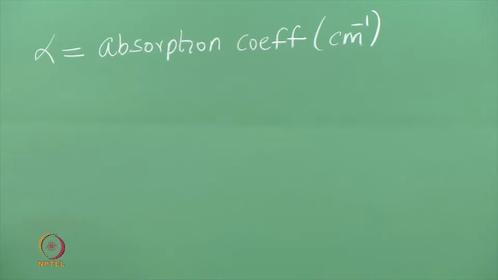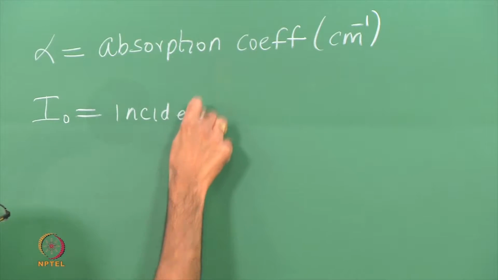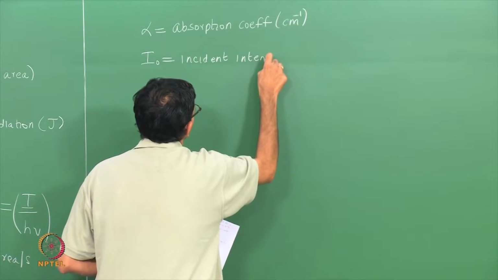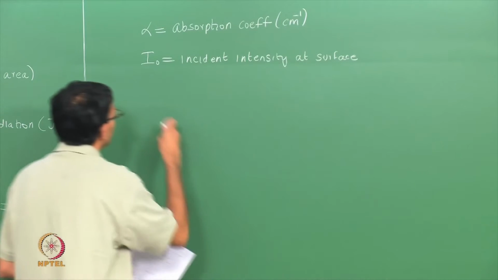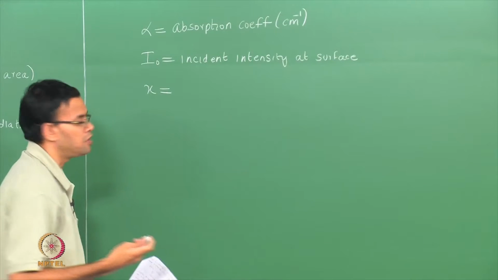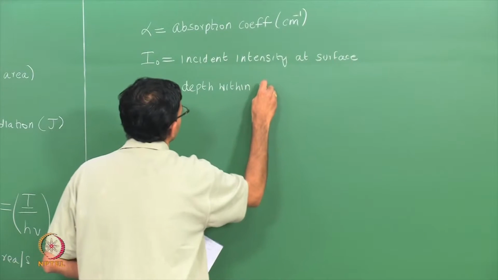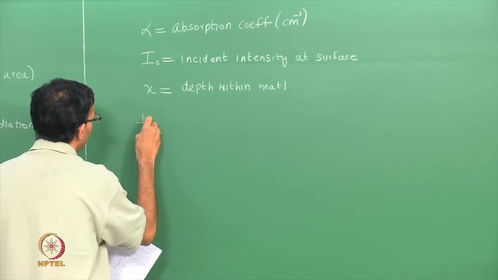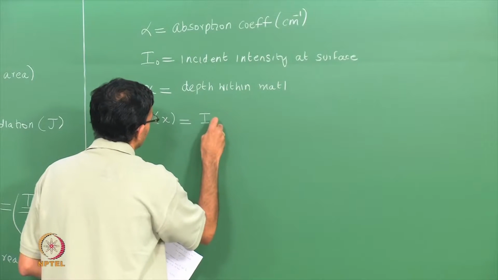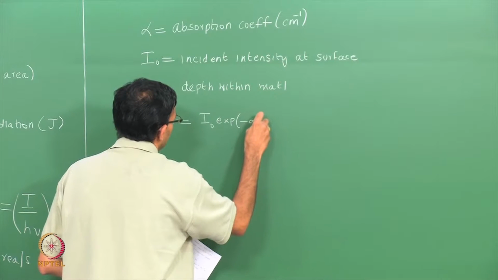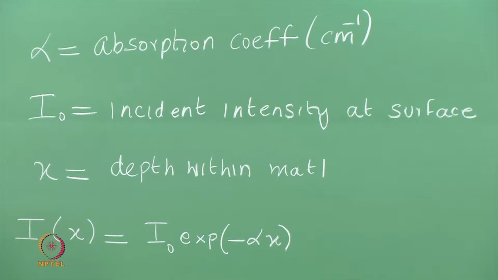So, if alpha is the absorption coefficient and I naught is the incident intensity at the surface, and x is the depth within your material, then the intensity I at some depth x is I naught exponential minus alpha x.